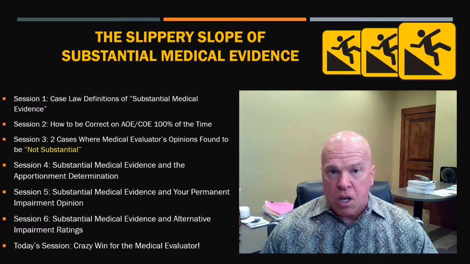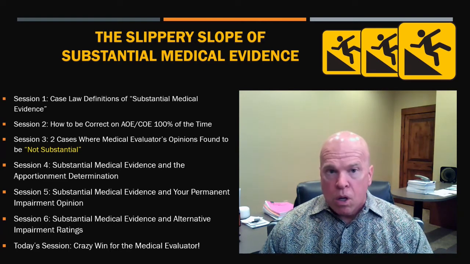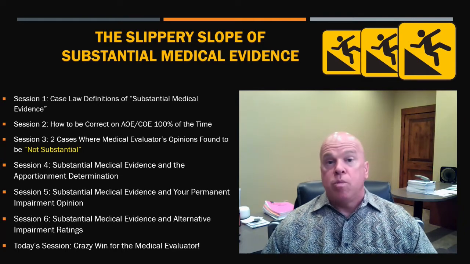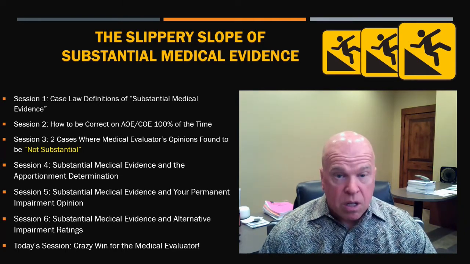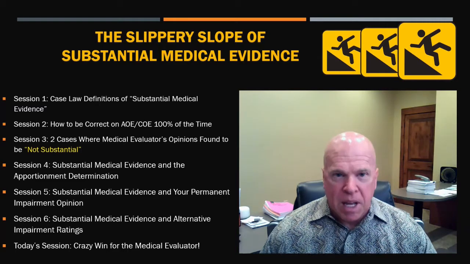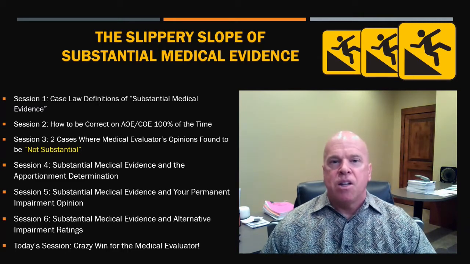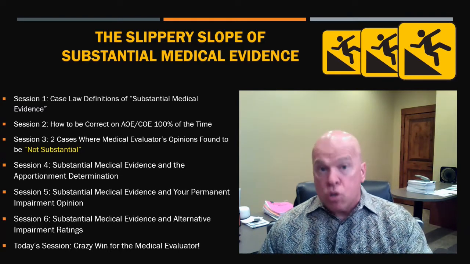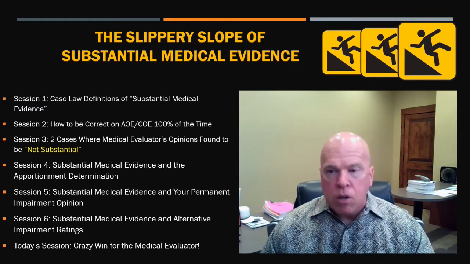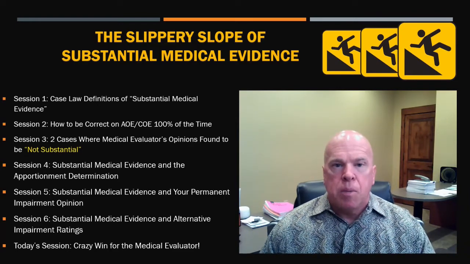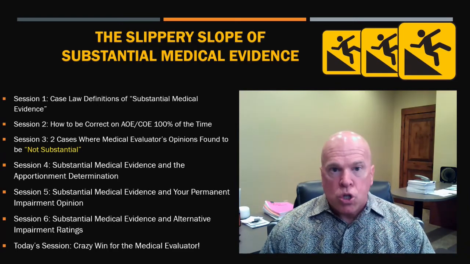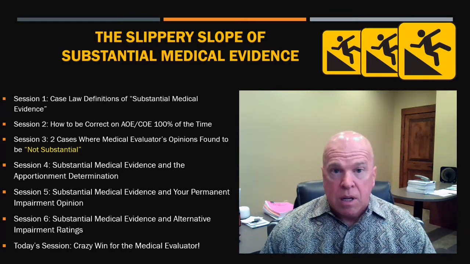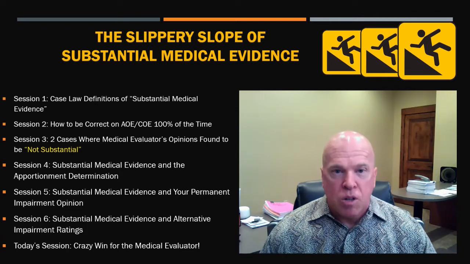and an important principle from that discussion was how so intricately linked the apportionment determination is to the description of the permanent impairment. And let me say that another way. What was important from that session is that how you describe the permanent impairment, how you formulate the permanent impairment, which chart, chapter, or table you use to describe the examinee's permanent impairment determines the apportionment determination.